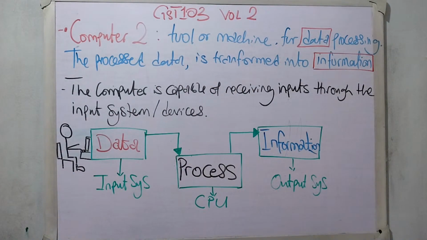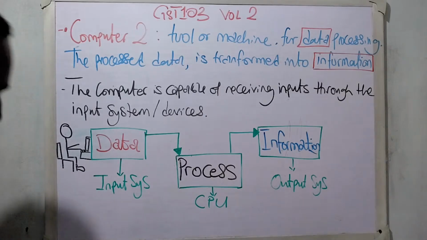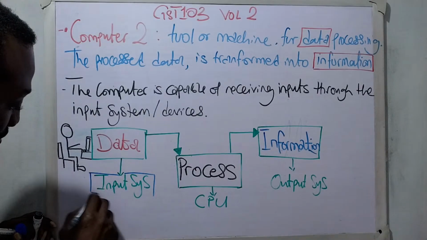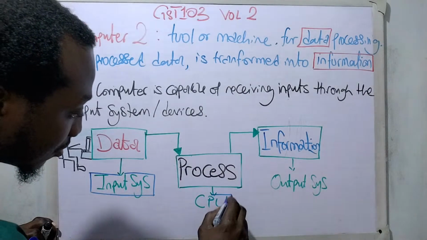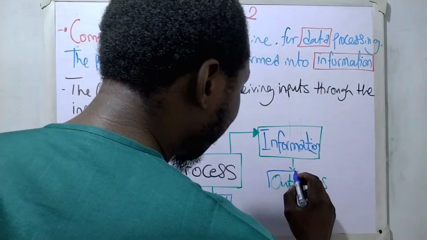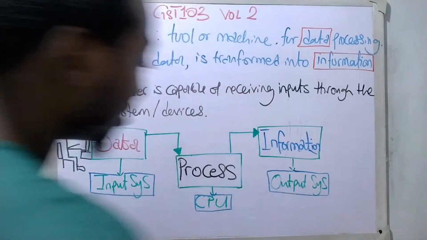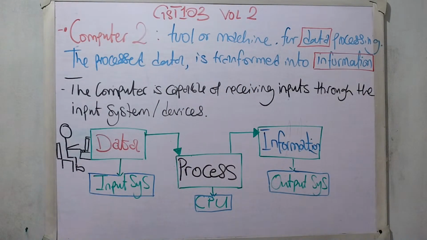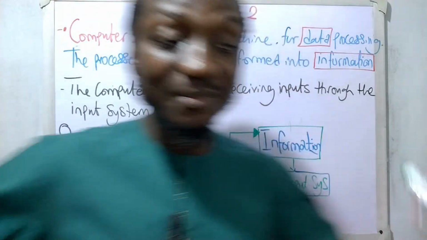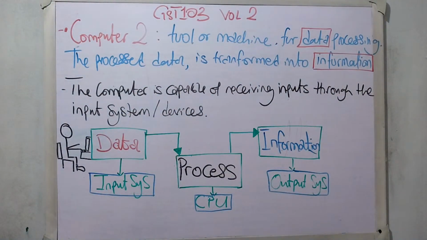So from here, you can tell that these are distinctive departments. They all are distinctive departments. Just like we have human anatomy. Speaking of the body, different departments make the body functional.